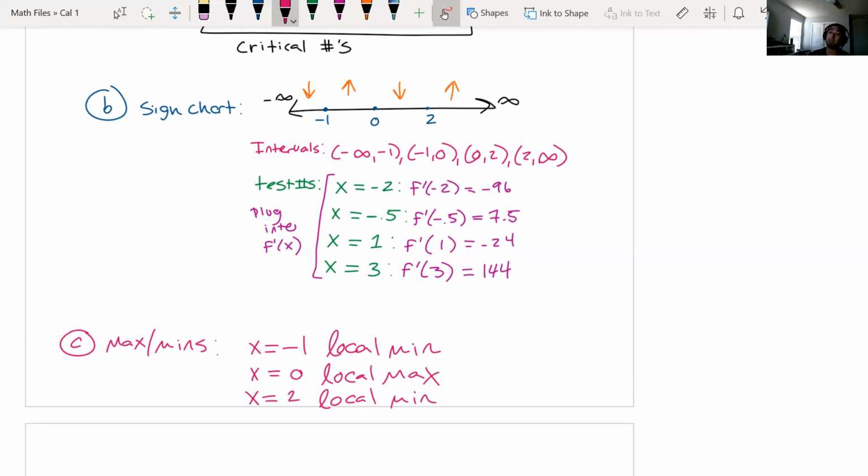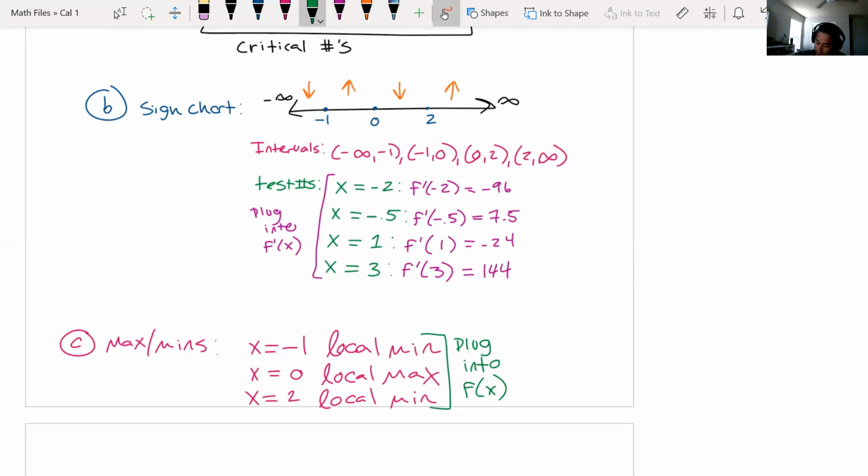But now we need to find the exact location of these maximums and minimums. So what we're going to do now is plug these into the original function. Plug into f of x.